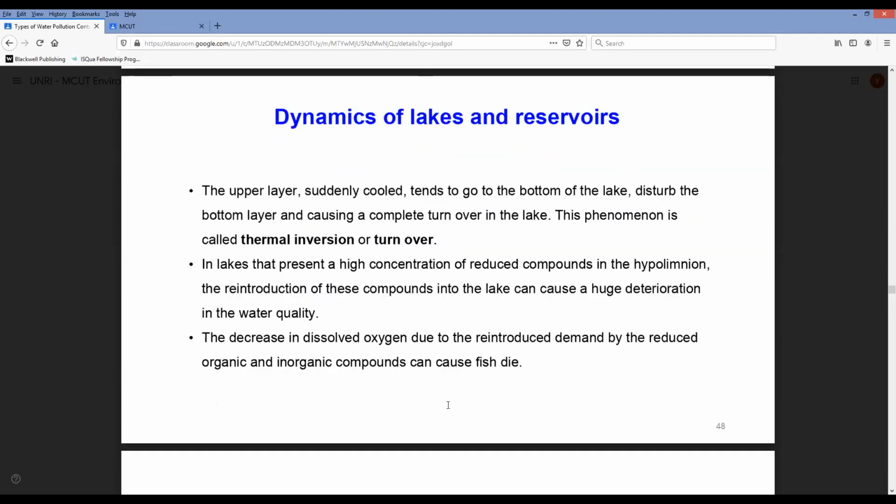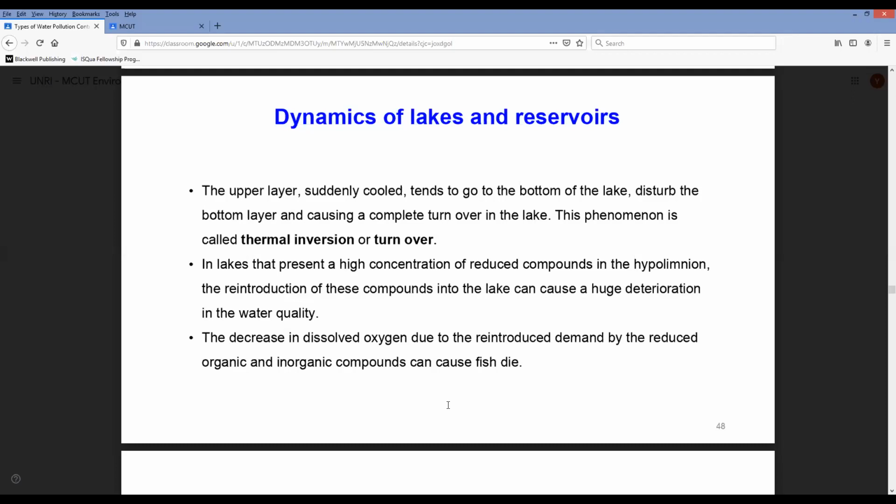And then the upper layer suddenly becomes cold. It tends to go to the bottom of the lake, disturb the bottom layer, and cause a complete turnover of the lake. The turnover means the lake or reservoir starts to mix together.